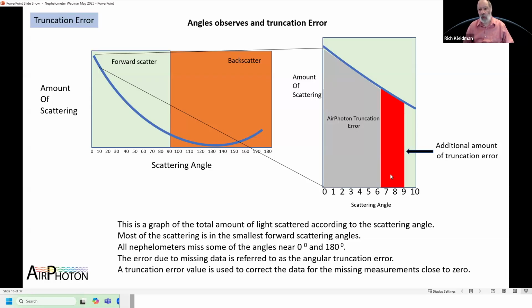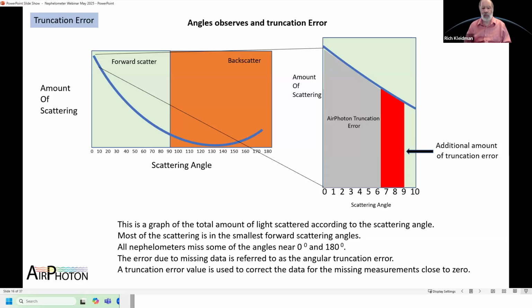And so again, because most of your signal is here, and this is an underrepresentation of the slope, it can make a big difference if you're measuring starting from 9 or 10 degrees versus 7 degrees. So our integrating nephelometers start at 7 degrees. TSI, Ecotech, I believe, start at 9 or 10. So there's a difference in what you're going to miss.